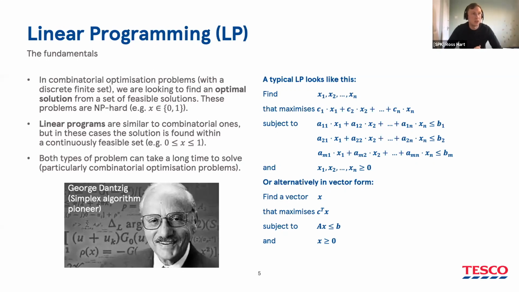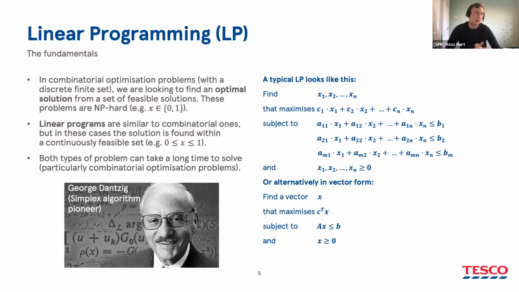In this case, it could be x1, x2, x3, all the way to xn. The next thing is you are trying to find an optimal objective function. That's the second line here. So we've got: find x1, x2 all the way to xn that maximizes an objective function that is c1 times x1 plus c2 times x2 all the way to cn times xn.